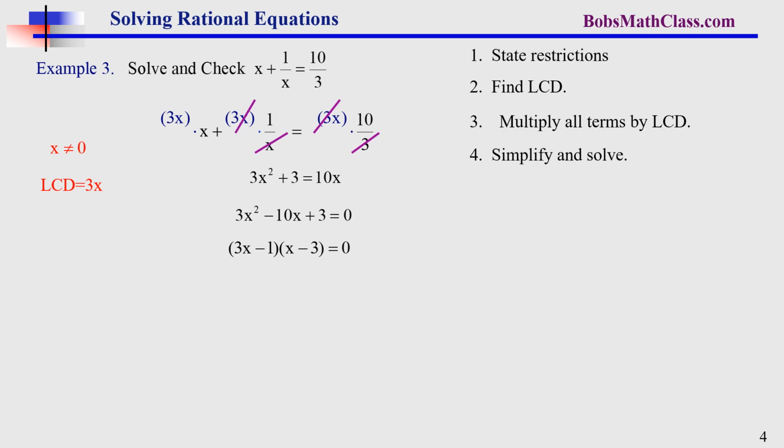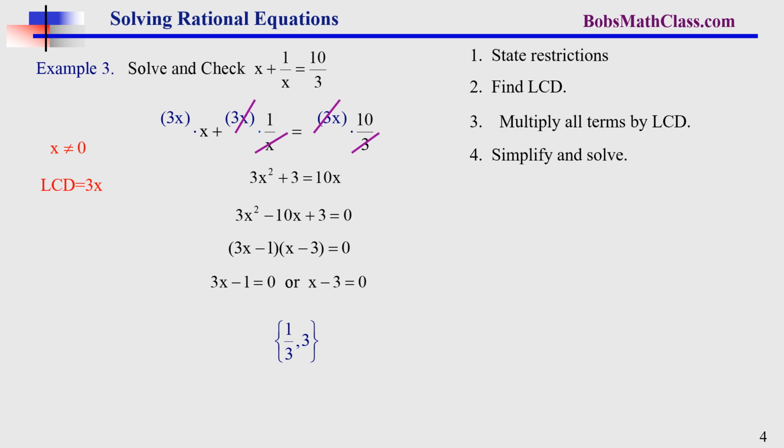You might want to pause and make sure you work out the factoring there. Now set each factor equal to 0, so we have two answers. The two answers are 1/3 and 3.